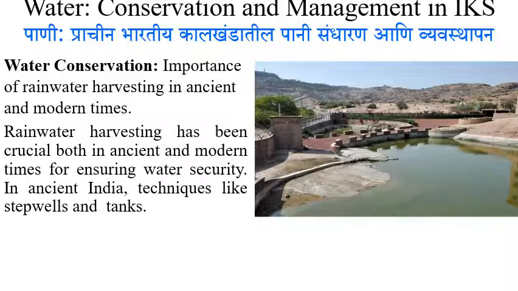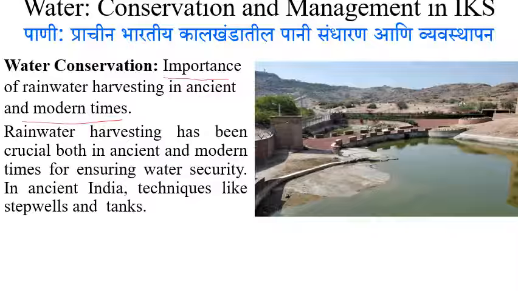Another example of water conservation during ancient times is the importance of rainwater harvesting in ancient and modern times. In the ancient times, water was one of the essential factors for agriculture and animals.